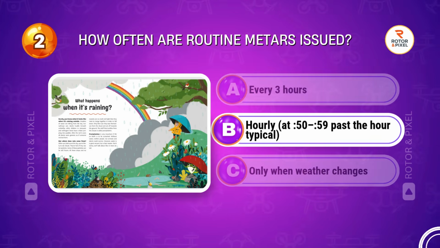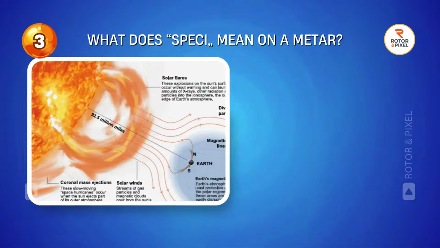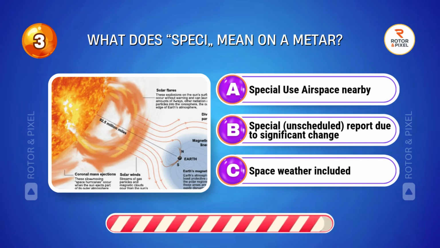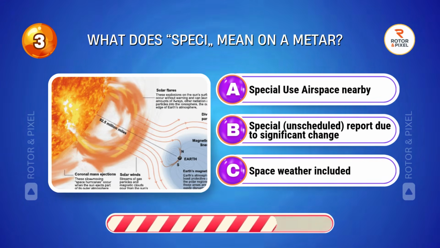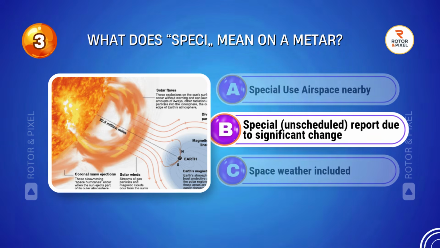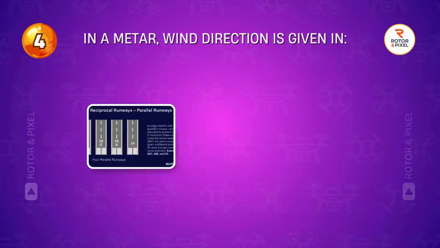Answer B, hourly, typically at 50 to 59 past the hour. What does SPECI mean on a METAR? Answer B, special unscheduled report due to significant change.